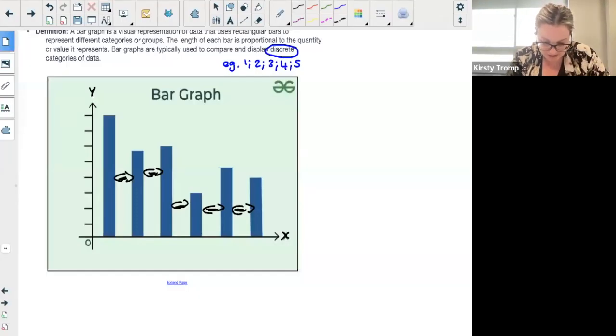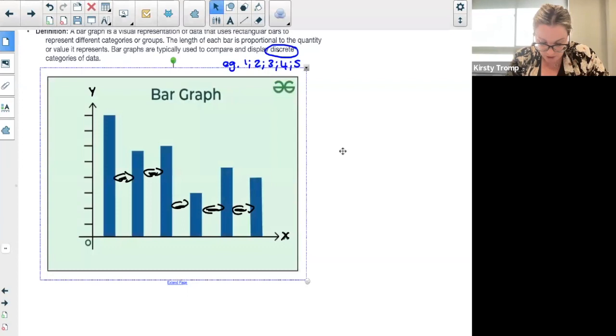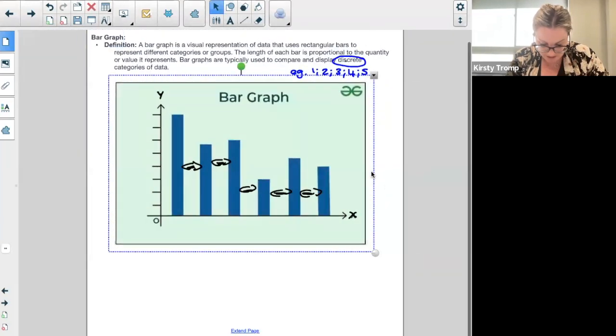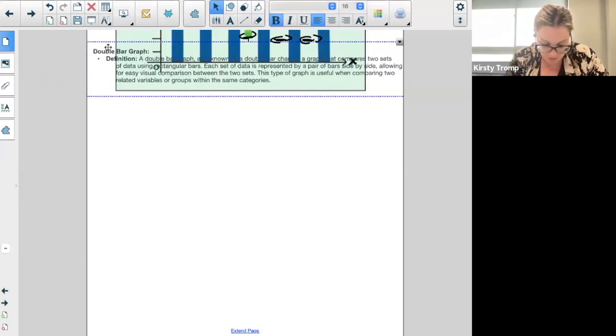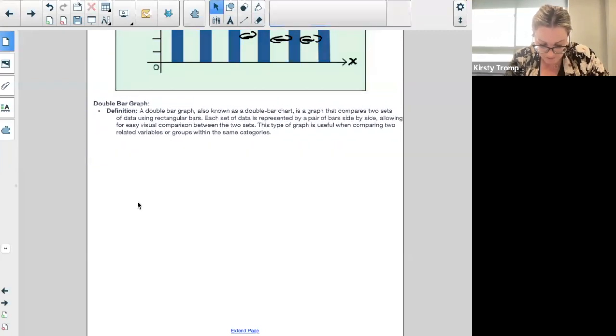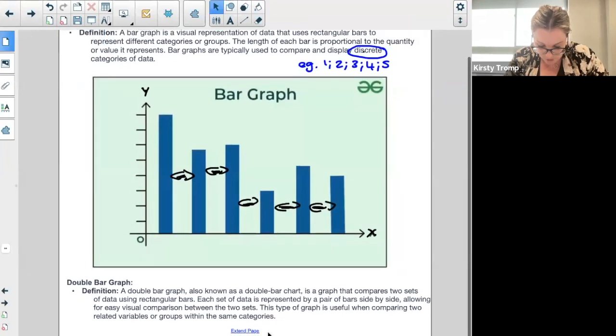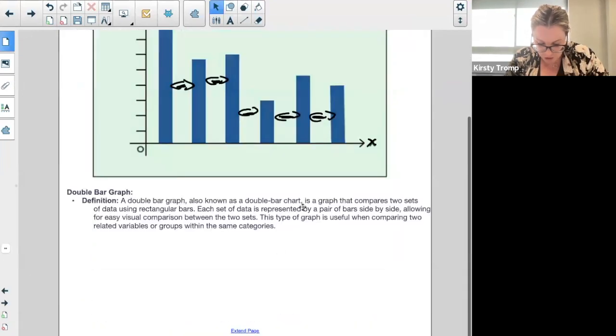Let's have a look at our next graph with our definition. The next graph I said we were going to look at was a double bar graph. The word kind of gives it away. Let's look at the definition first, and then I'm going to put a picture in of what that looks like for you. A double bar graph is also sometimes known as a double bar chart.